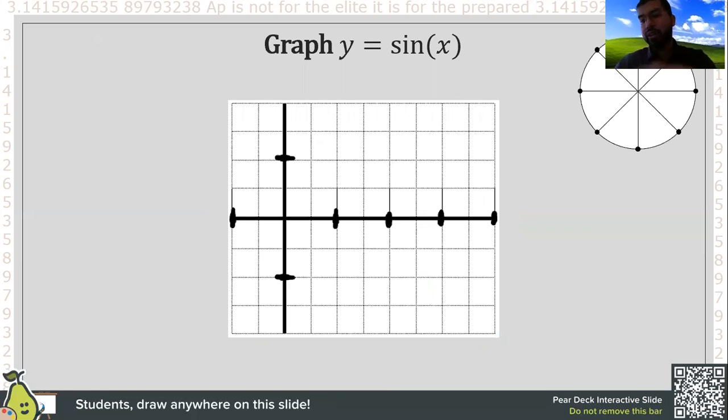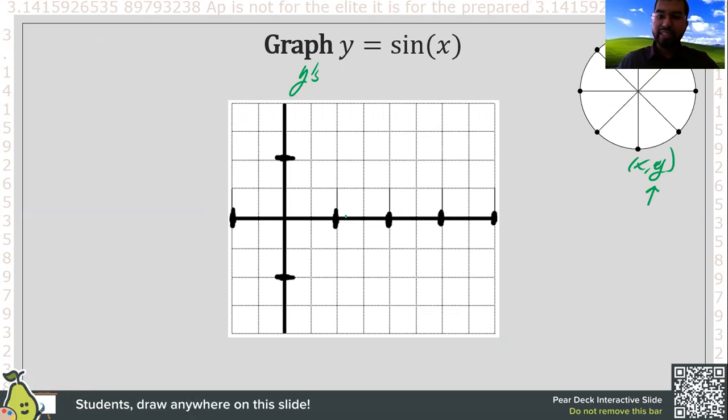This is something we have already seen in our last unit. So go ahead and pause the video and give these a try. Okay. So hopefully you were able to see that sine is our y's, right? So I'm going to get the y coordinates of all the points right here.